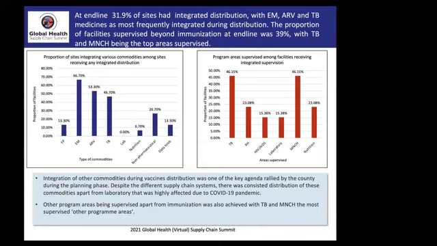But this also shows that there was integration in terms of the cadres that we involved during this distribution; they took up the mantle and carried out the responsibility that was expected of them to offer supervision at one given point in time.